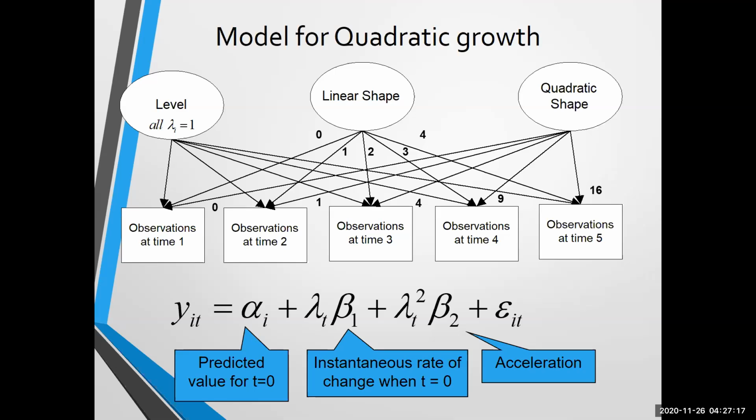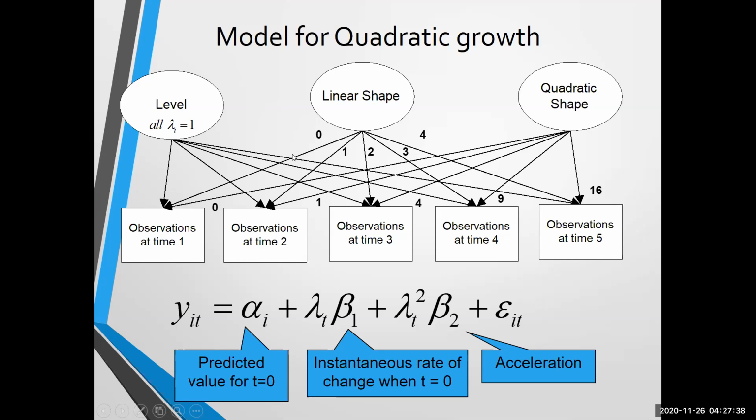So this is how a quadratic latent growth model looks. It is accomplished by adding one additional factor to the linear latent growth model.